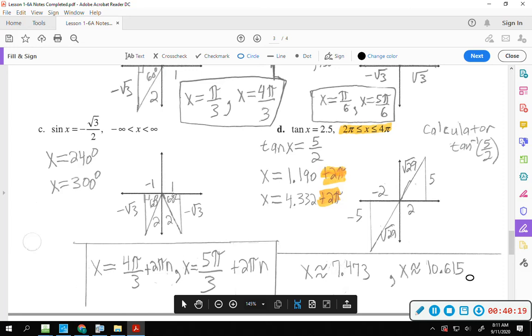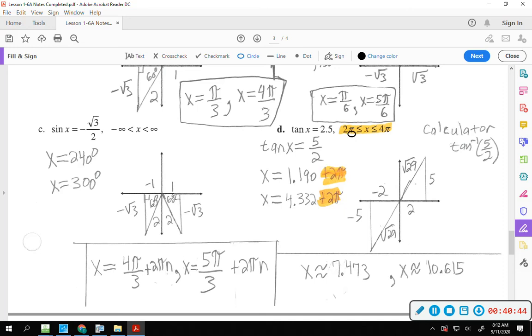Let's think about it. Let's see if these two values make sense. Remember, pi is 3.14, times 2 is 6.28. Yes, this is larger than 6.28. This is larger than 6.28. But if I take 4 times 3.14, you're going to get a little bit more than 12.